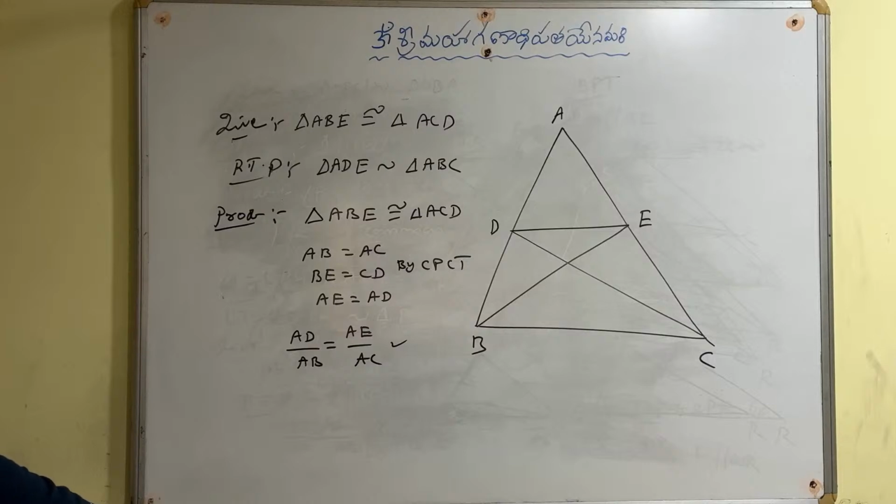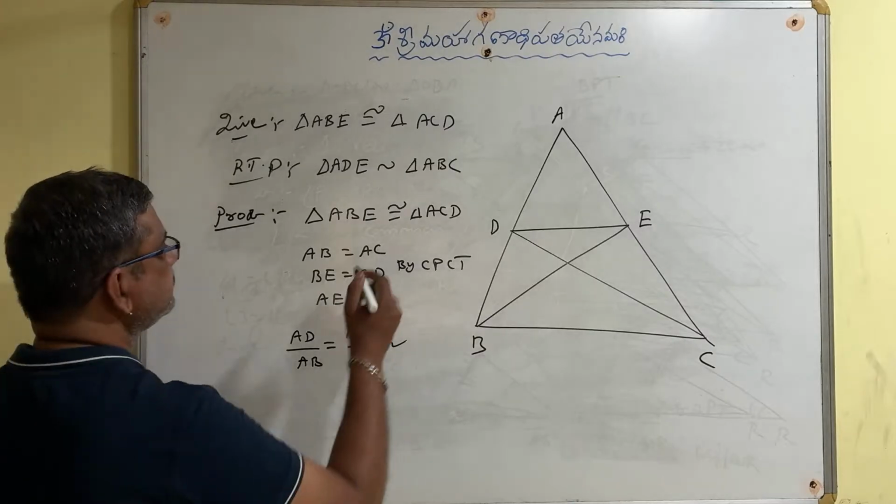Proportions of sides, sir. It is correct as AD is half of AS.